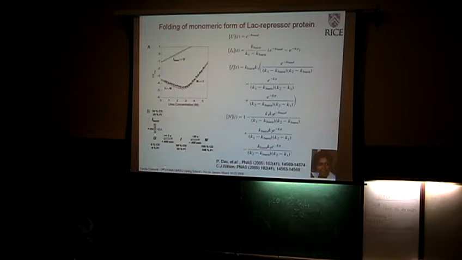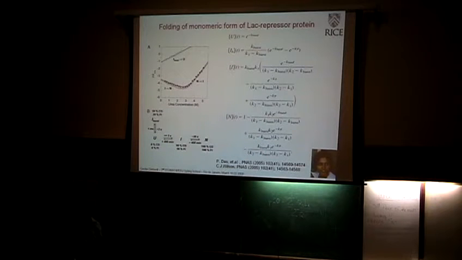You can solve these differential equations, and this is what you get. With the given initial condition, at the beginning of the experiment everything is unfolded, so the population of the unfolded state is 1 at time 0. This is the solution at time t.